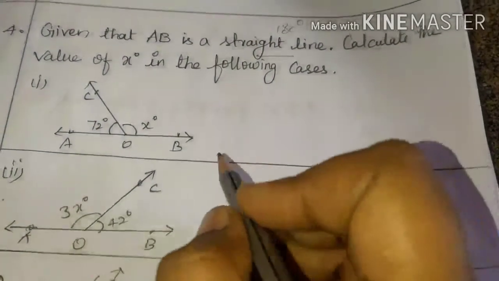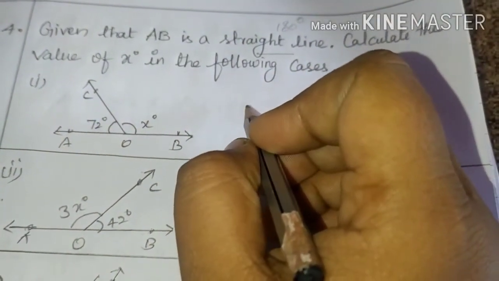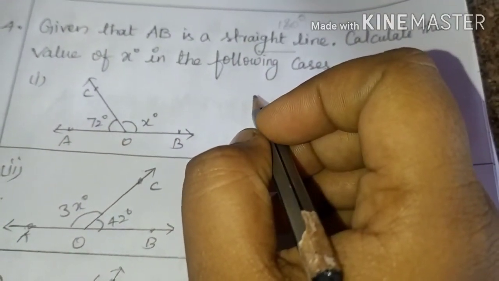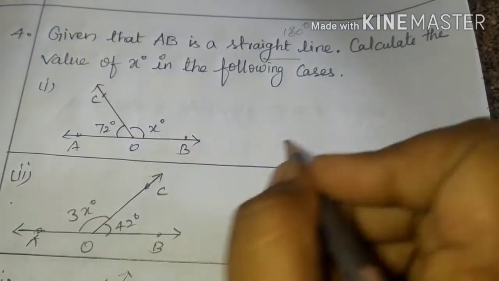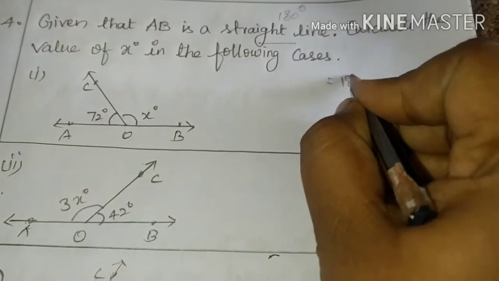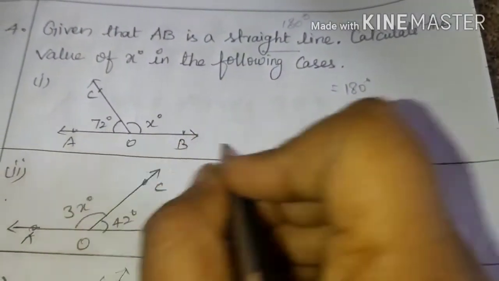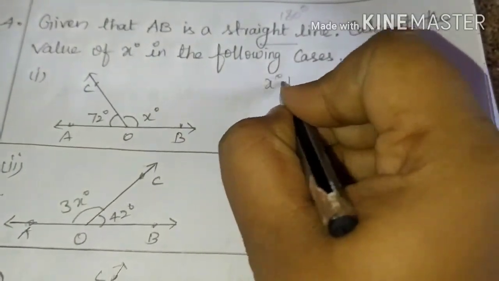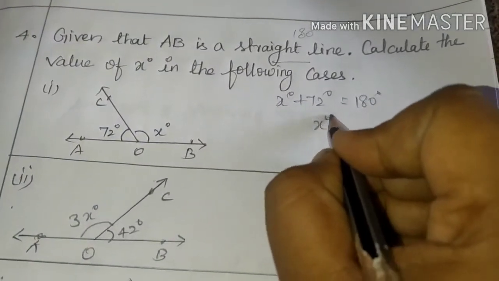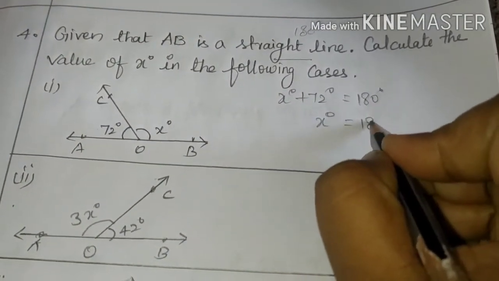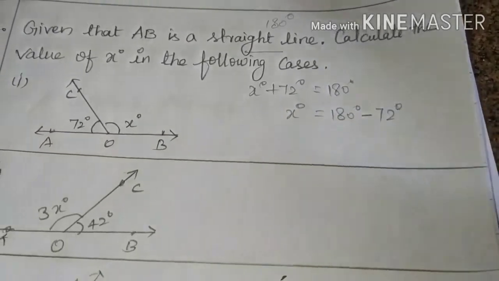Shall we do the sum now? Look at this, children. Totally it is 180 degrees. So you give the 180 degrees, and then this side x degrees plus 72 degrees. Now you keep this x degrees on this side, so 180 degrees, and the 72 degrees coming to this side means it will take minus 72 degrees.